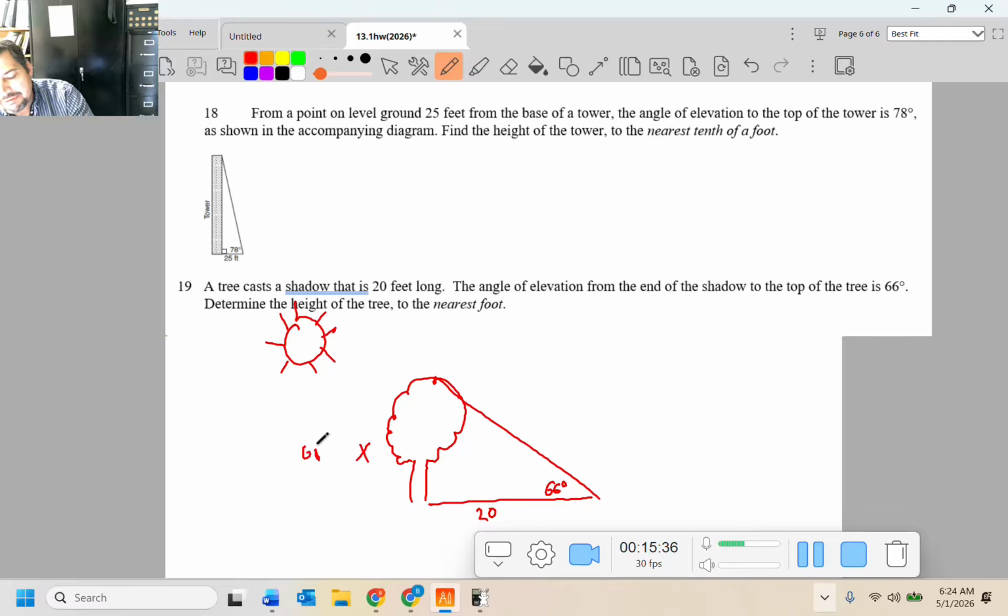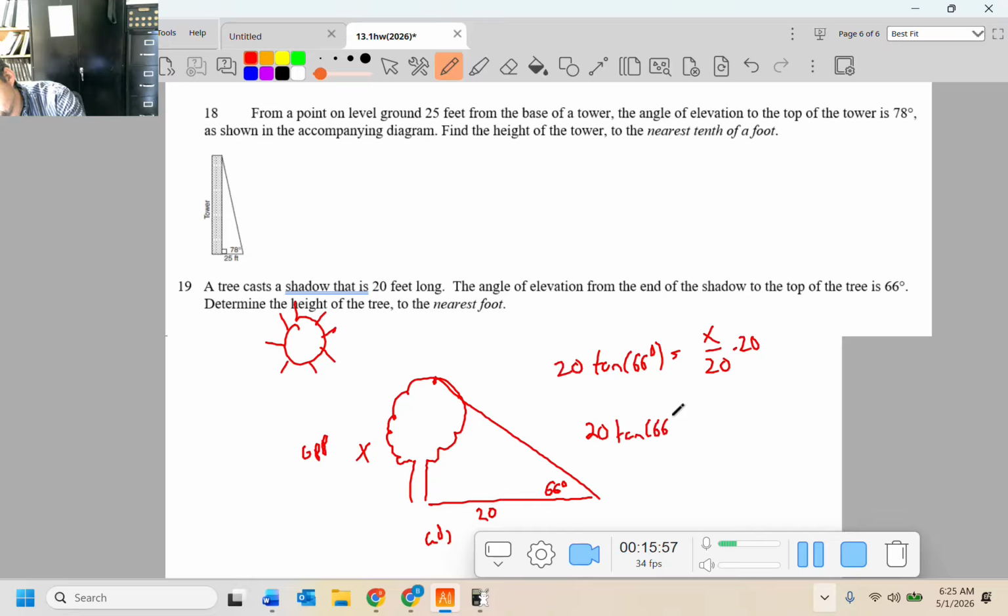And what we have here is the side opposite and the side adjacent. And it turns out that we have the tangent ratio. So the tangent of 66 degrees would be X over 20. And it's a lot like the last one I did. You just multiply both sides by 20 and you're one and done.